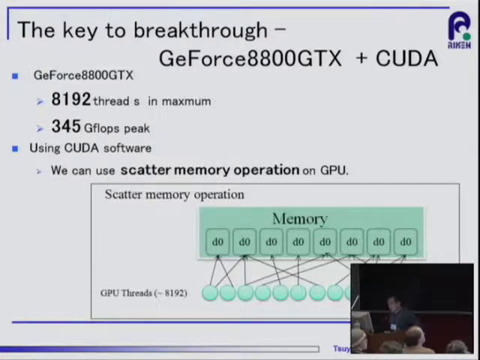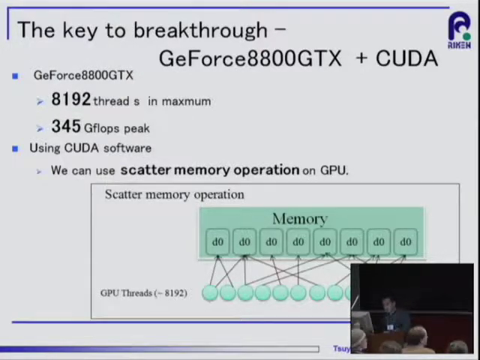The key to the breakthrough is a combination of GeForce 8800 GTX and CUDA. The GTX can run a maximum of 8192 threads in parallel. The peak speed reaches 345 gigaflops.